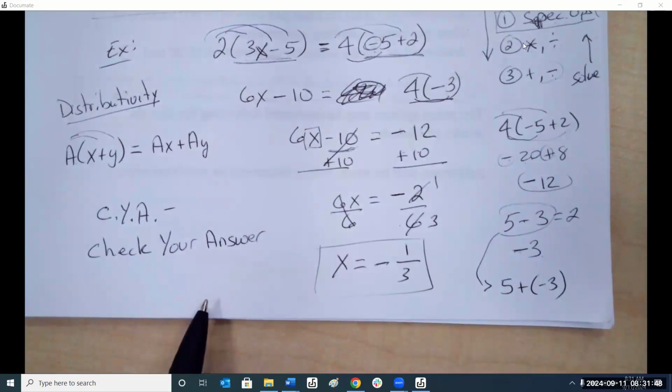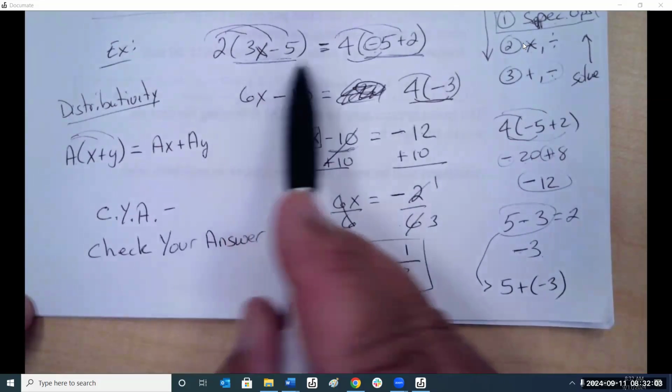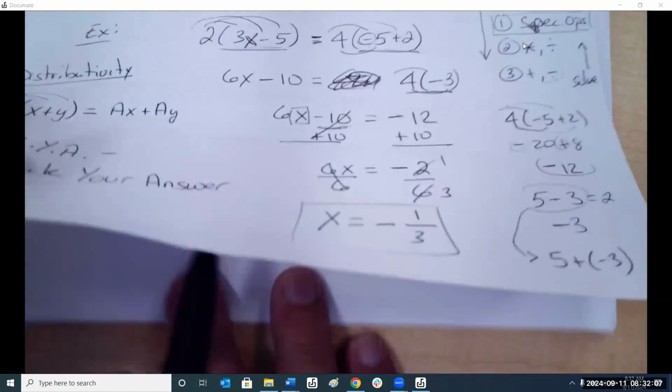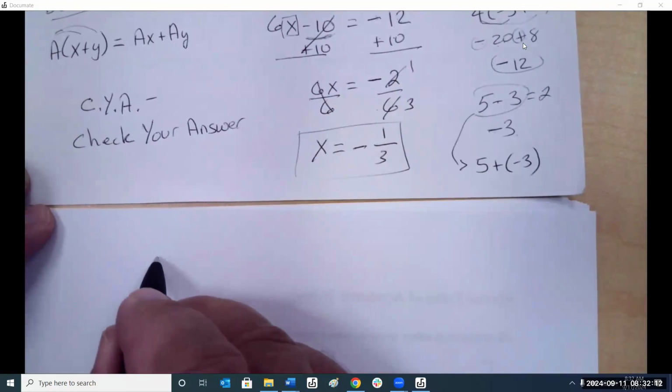If you check the answer and it's wrong, then something went wrong. Either the procedure went wrong or the way you checked it was wrong. Something didn't work. So when you check your answer, if I put negative 1/3 inside here, let's go ahead and work that out. So let's check it. I have the equation.